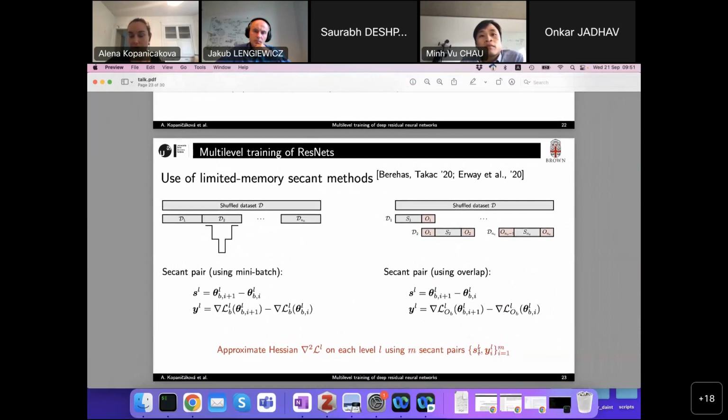This pair is basically your search direction, and then the difference between gradients which are evaluated before and after taking your search direction. And your cost of Hessian approximation will basically depend on the choice of how many secant pairs you decide to store, so based on this number n. So this will heavily influence your computational cost.